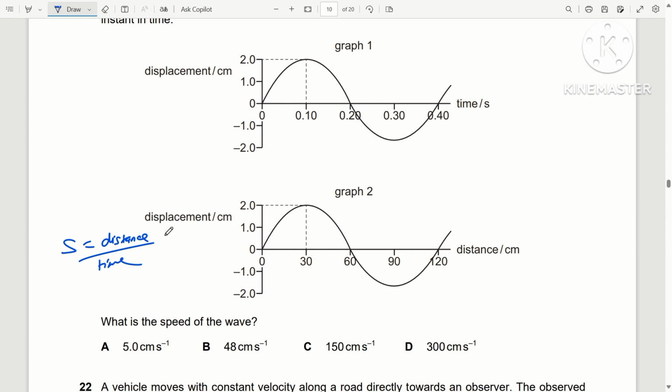So distance is 30 centimeters. So 30 into 10 raised to power minus 2 divided by the time taken, which will be 0.10. Am I right? Wait. Distance is 30.